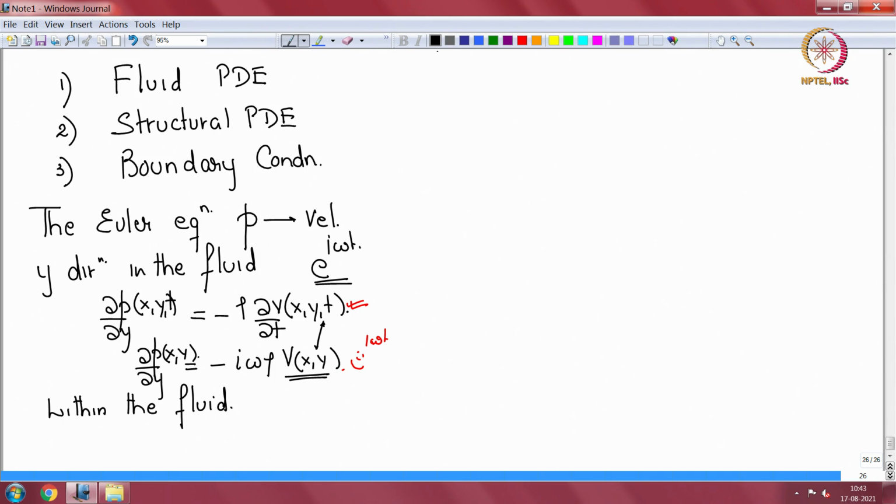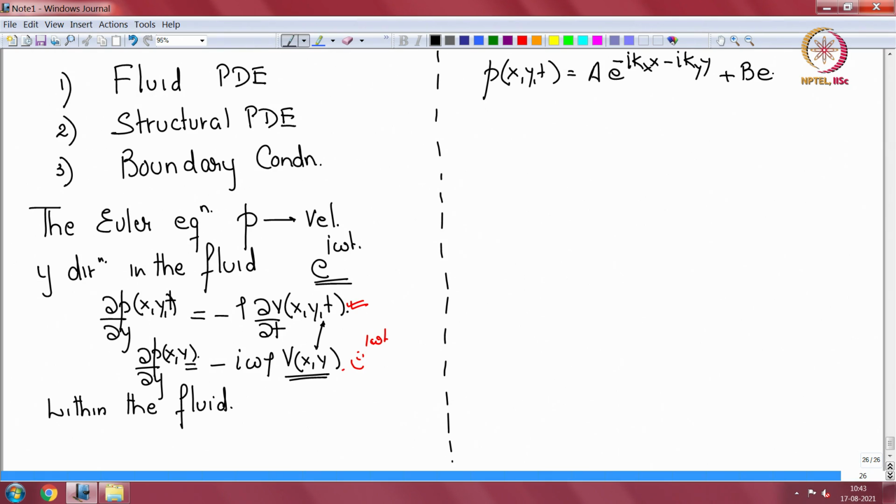Okay. So what next? The next is we'll try to find out what my P, let me rewrite, because it's P of x, y, t, was A e to the power of minus I k x x minus I k y y plus B e to the power of minus I k x x plus I k y y.